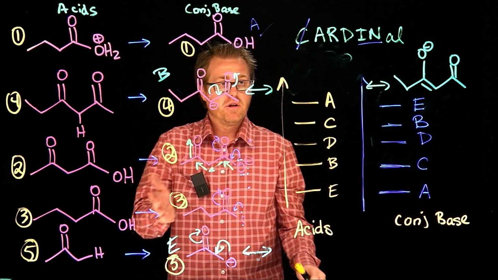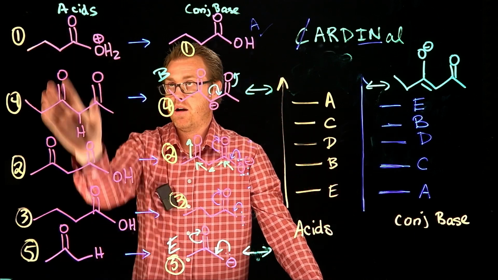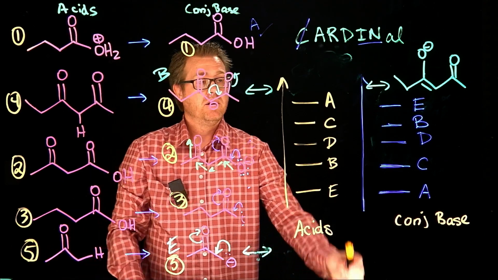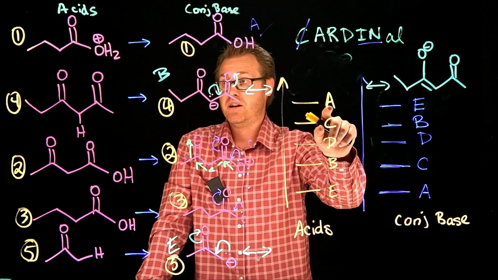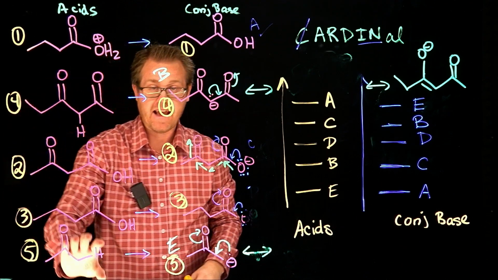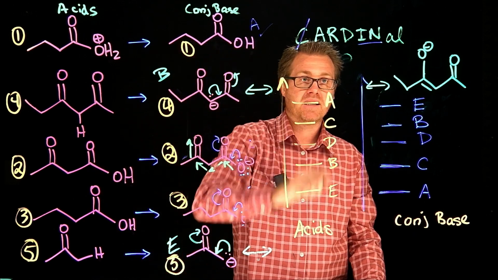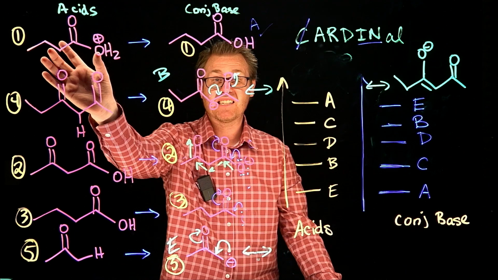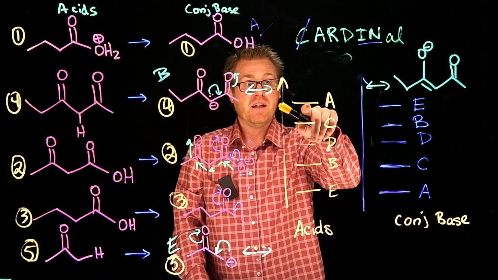So if you want to look at it from this perspective, what is the stability of the acids? You'll notice that A is the highest in energy. Why? Because it has a charge, and everything else is neutral. That has a charge, so that's going to be the highest in energy. And that makes this guy the most acidic because it's the highest in energy.